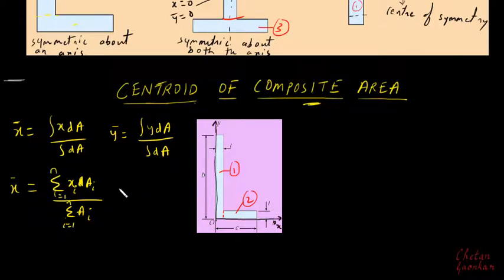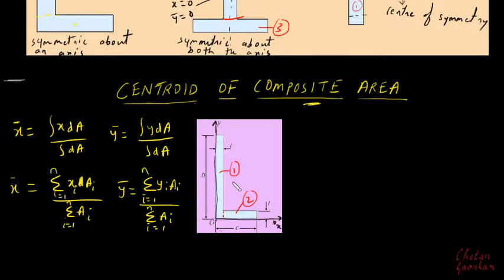And similarly, I can write this y bar as summation of i equal to 1 to n yi ai divided by summation of i equal to 1 to n ai.